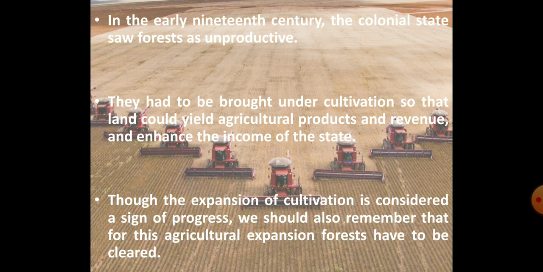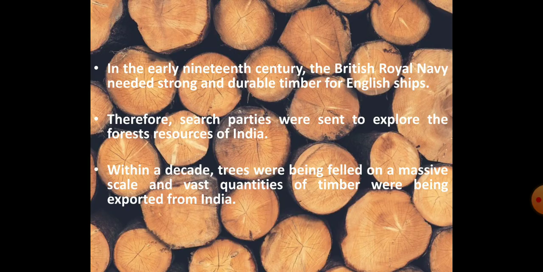Between 1880 and 1920, the cultivated area rose by 7.7 million hectares. The agricultural expansion is viewed as a sign of progress. But at the same time, we should always remember that the land expansion for cultivation results in deforestation.